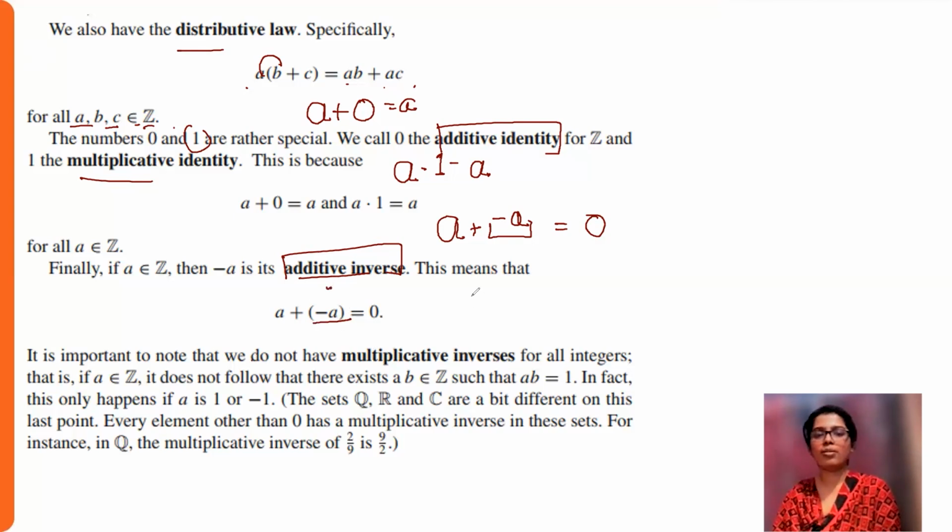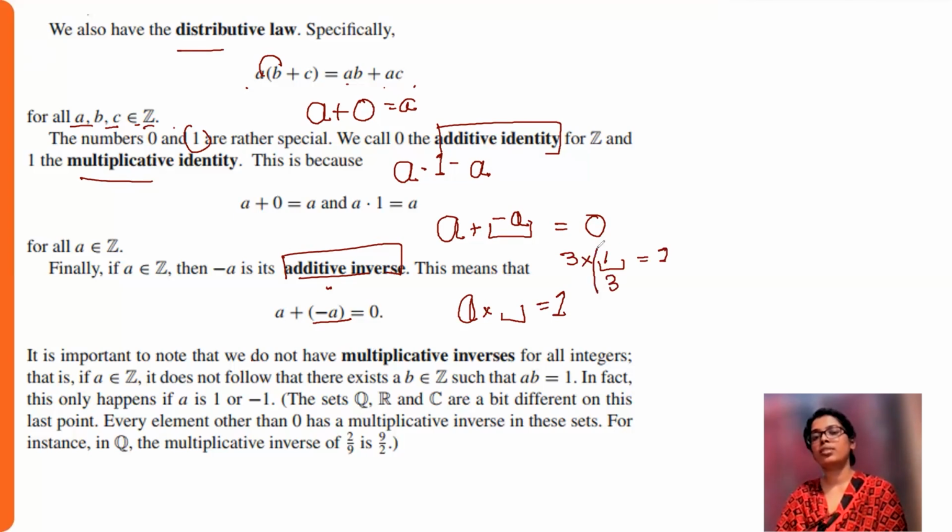Now, if we talk about the multiplicative inverse, we take an element A and we must have another element such that their product will be equal to 1. For example, if we take 3, which number should be multiplied by 3 to get 1? Obviously, it should be 1 over 3. But if you look at this properly, 1 by 3 is not an integer, right?